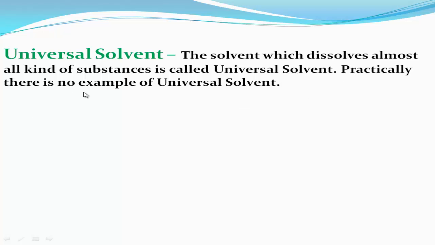But practically there is no example of a universal solvent. That means there is no solvent which can dissolve all kinds of substances, because this is not possible for a solvent. There must be some exceptions, some substances which that solvent can't dissolve.